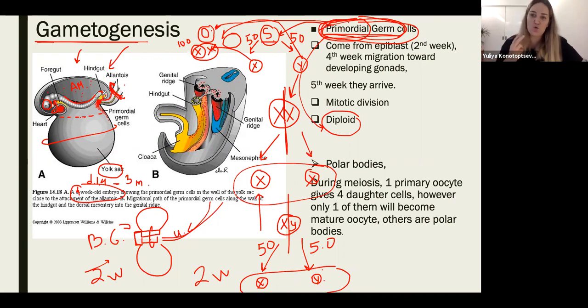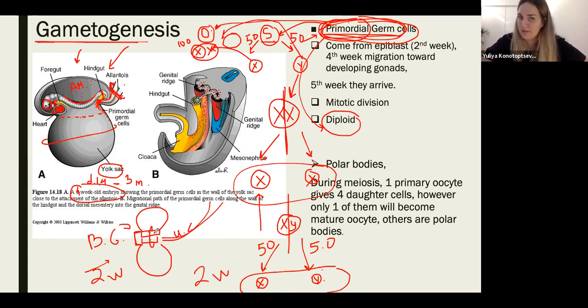So in just 2 weeks, you convert 2 layers of cells into a human being. Where do PGCs come from? They come from the epiblast during the 2nd week of embryological development.